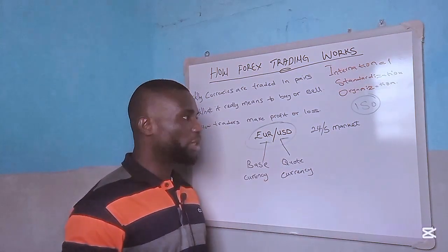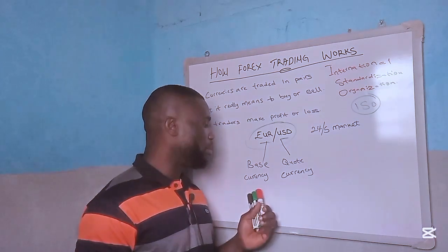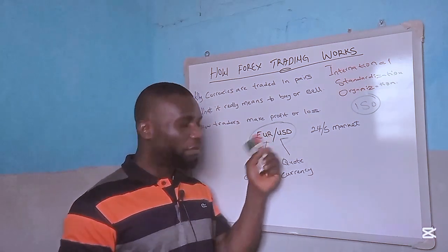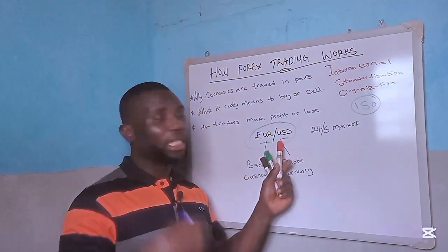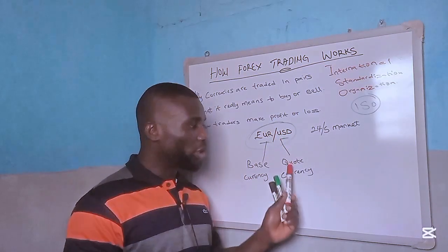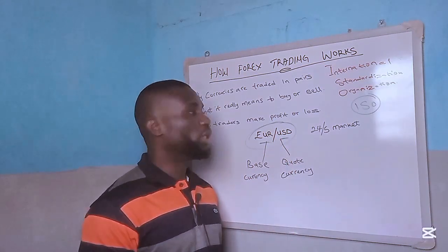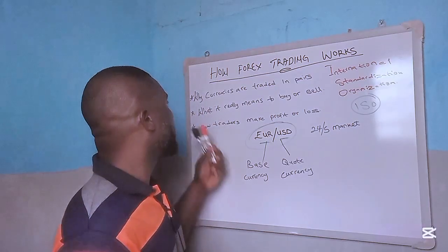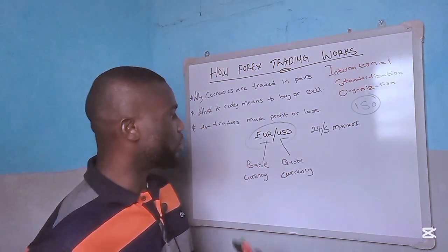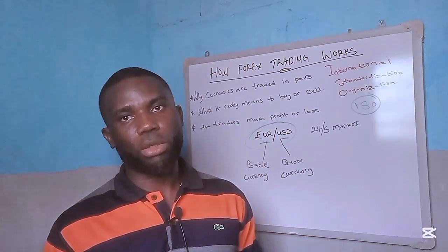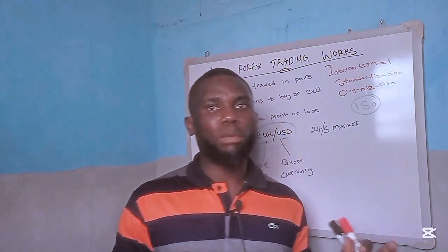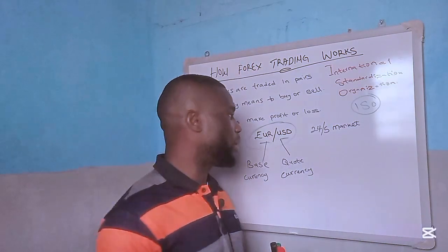That is what it means in Forex trading. The first one you see is always the base currency. Then the one you are comparing it with is always the quote currency. So why are currencies traded in pairs? Because currency has no value on its own unless we are able to compare it with another currency.